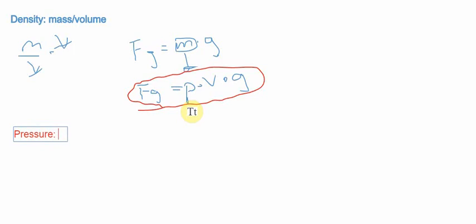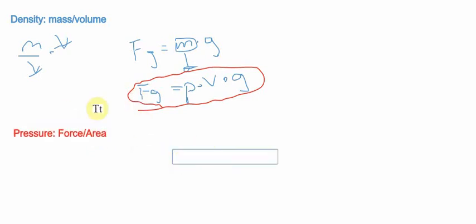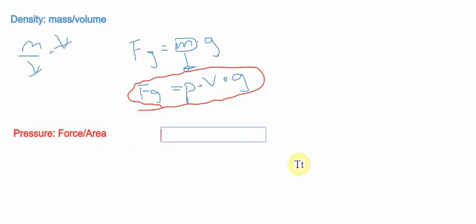Pressure is termed to be force over area. So it's the amount of force acting on an area. Now, for the MCAT, you should know the numerical values of atmospheric pressure.